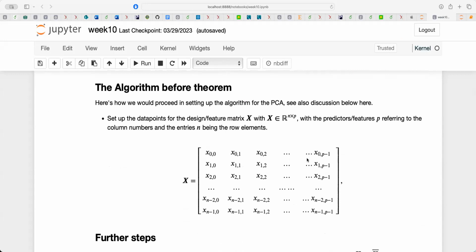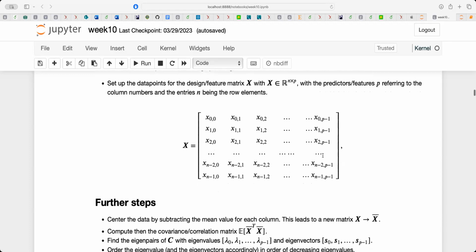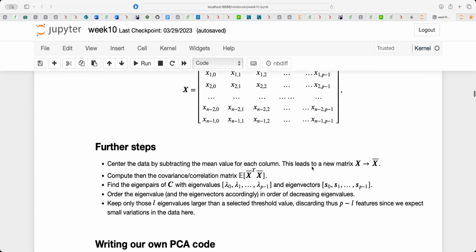A typical example: if you're doing research in bioinformatics and you're looking at some DNA properties, you can have hundreds of thousands of features. And perhaps only a few of them are relevant for a specific type of cancer. But you don't know that beforehand.